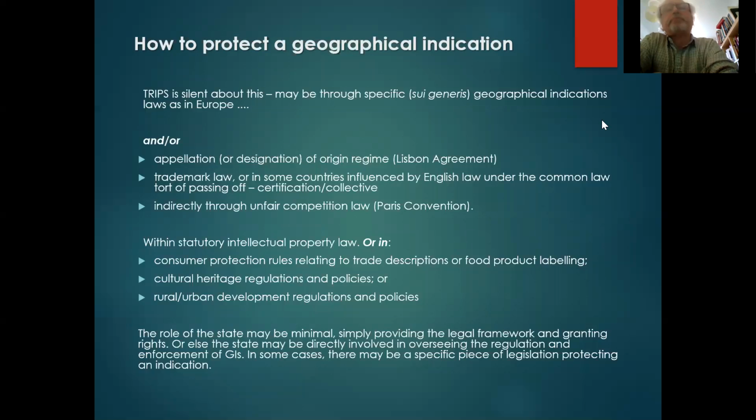In other words, the United States must, at minimum, provide a legal means for the champagne producers to go through US courts or go through a regulatory body in the United States to stop the use of champagne on products that are produced outside of the Champagne region of France, for example, in California. The problem is, how far does this go?